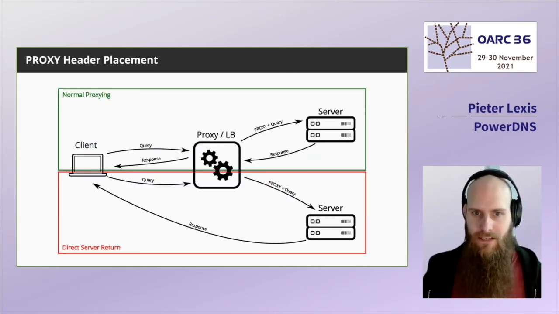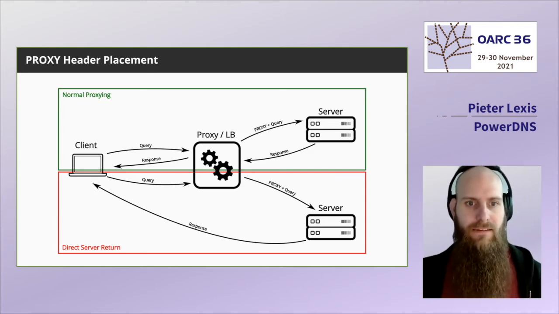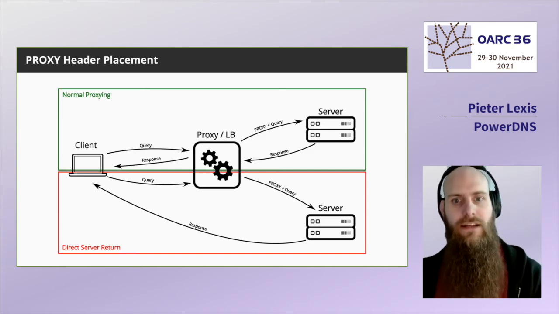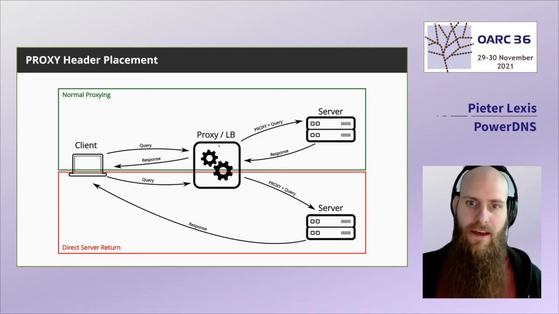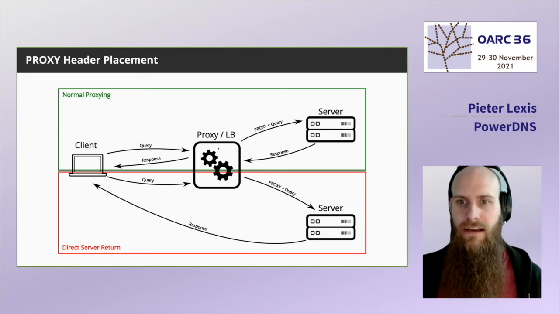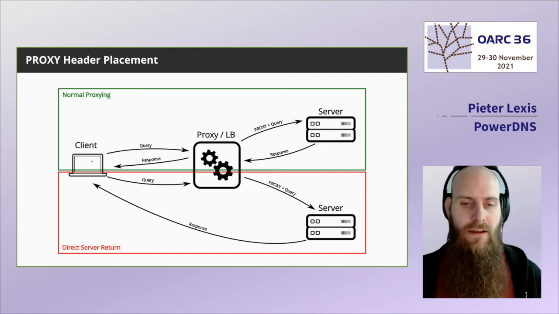Where exactly are these headers placed? These are the two most implemented options. So the client will send a query that comes to the load balancer or proxy. Then the proxy will prepend the proxy header and send the original query to the backend server, which then responds without any proxy information to the load balancer, and then the load balancer passes on that response to the client.